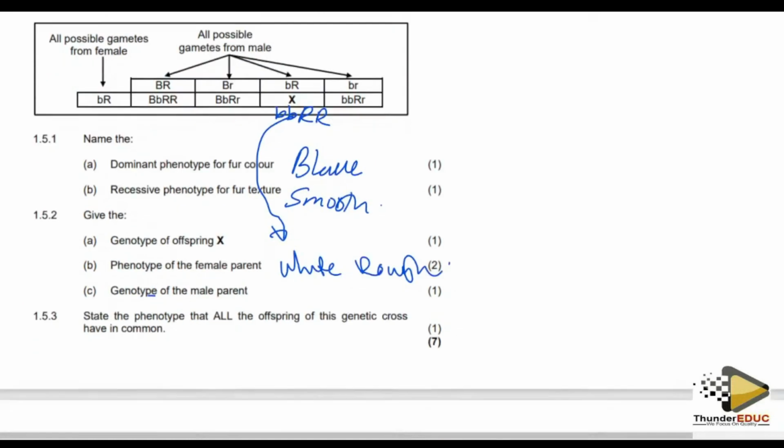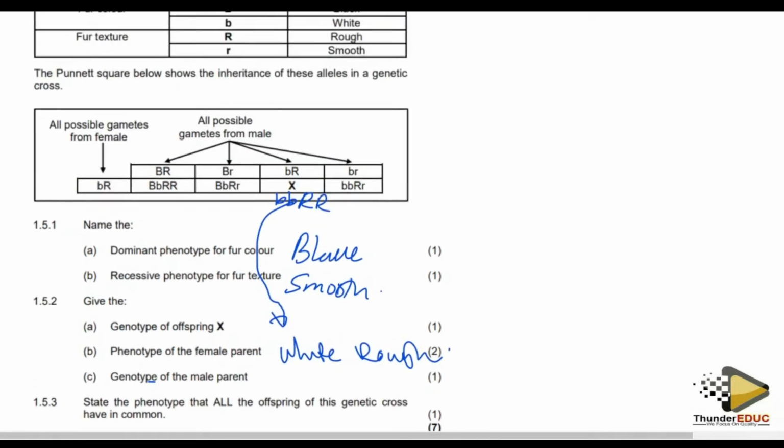As I taught you, you come here, say capital B, you don't repeat it, capital B, small b, and then you go capital R. You don't repeat capital B, but you have a small b here, put a small b. Then capital R, you look for, you have a small r, so small r. So that is going to be the genotype of that individual.